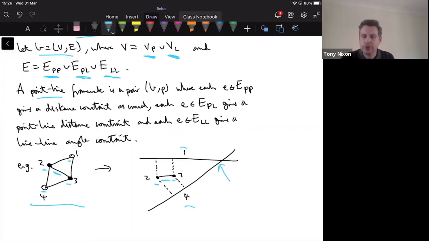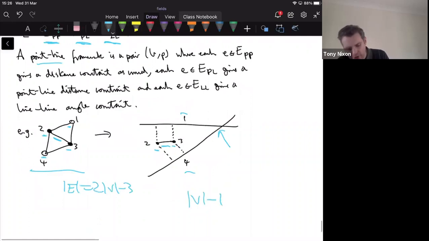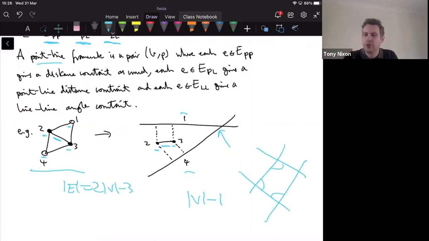And so you can ask about the rigidity of such a system. Your lines are allowed to translate and to rotate, and your points are allowed to move freely subject to the constraints. One thing beyond the usual 2v minus 3 condition, and I mentioned this before with the cycle condition, is that if you have a cycle of angle constraints, then the last one is always determined.